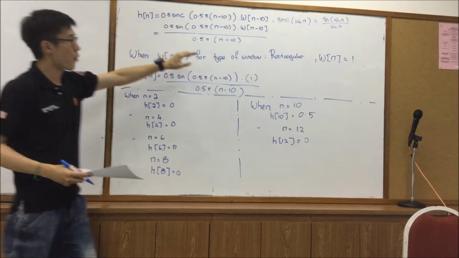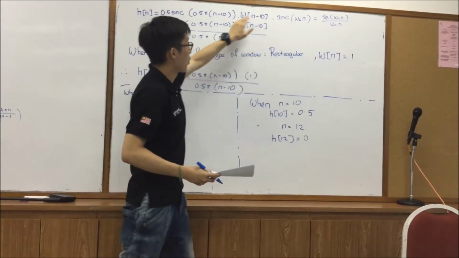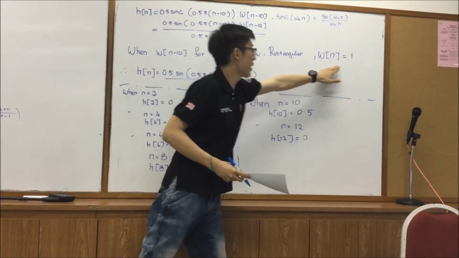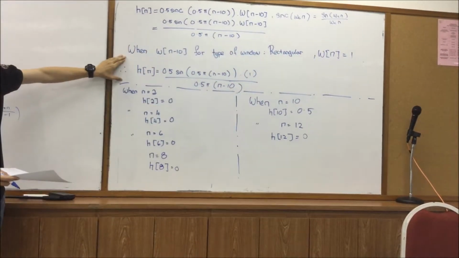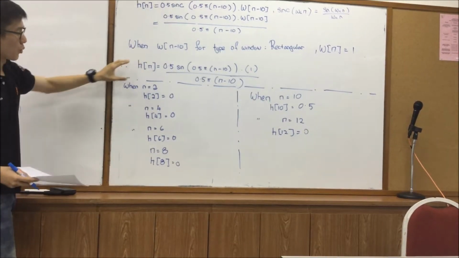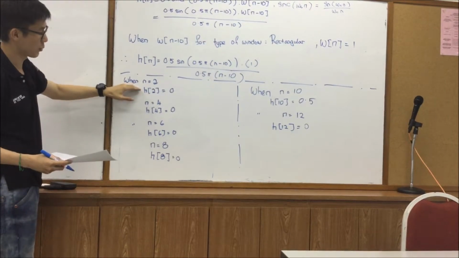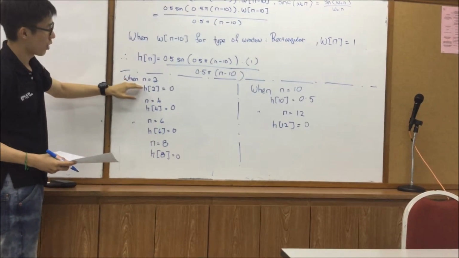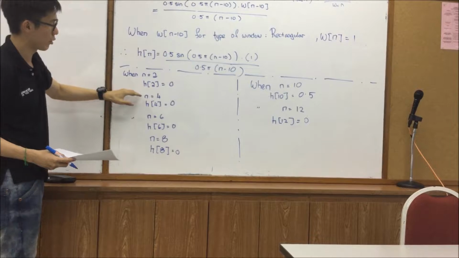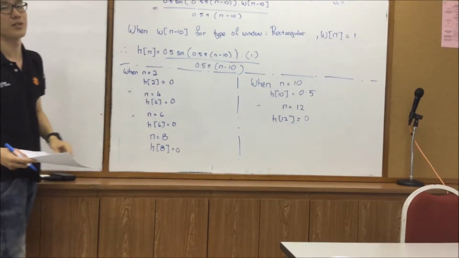For the rectangular window type, we will substitute w(n) equal to 1, and we have this equation. From this equation, we substitute the value of n, we will get the value of impulse response. When n equal to 2, h2 equal to 0, n equal to 4, h4 equal to 0, and so on.